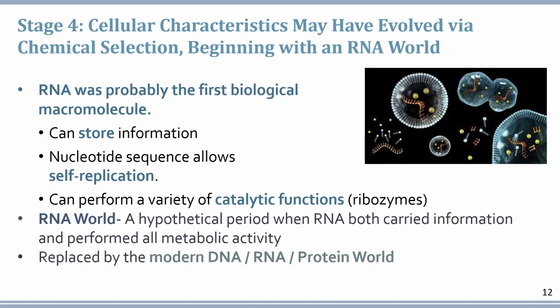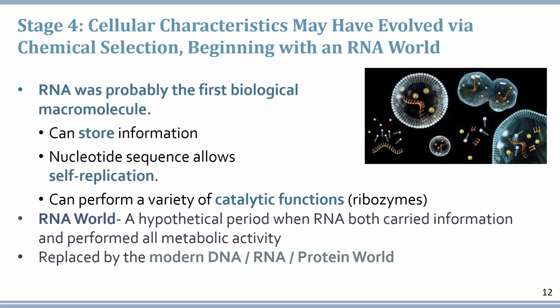And because RNA has this ability to catalyze reactions, it could have potentially both stored information and acted as an enzyme. It could have done both jobs, whereas neither DNA nor proteins today can do both jobs at the same time. So this hypothesis that RNA was the first biological molecule is called the RNA world hypothesis.